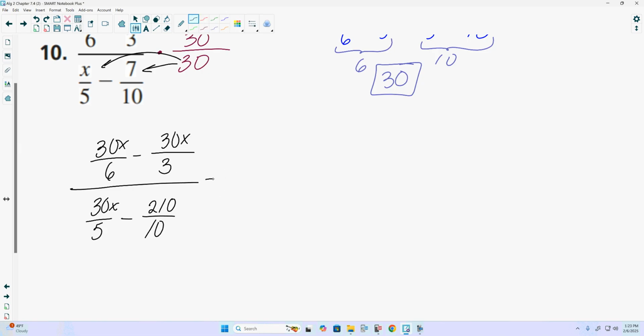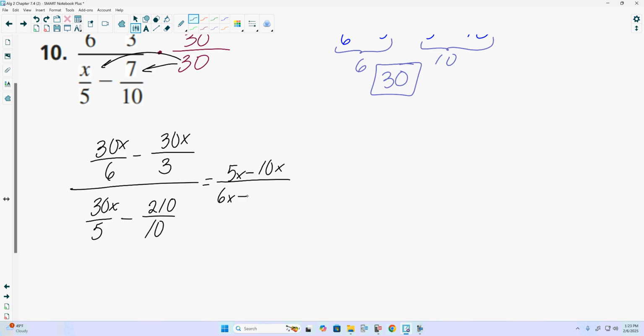All right. Let's start with the top. 30x divided by 6. 30 divided by 6 is 5, and we have x, 5x. Minus 30x divided by 3 is going to be 10x. 30x divided by 5 is 6x.